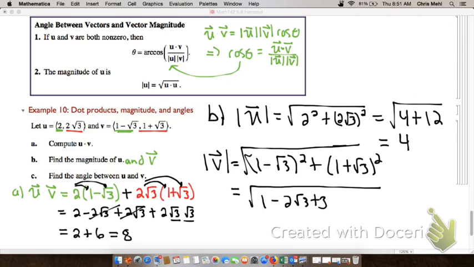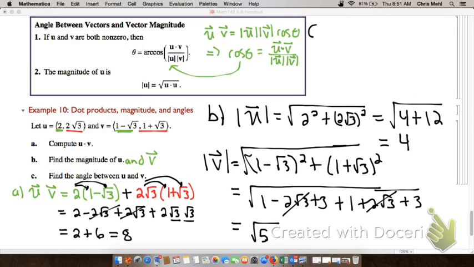And then if you square the 1 plus root 3, you'll get plus 1 plus 2 root 3 plus 3 again. And this will equal, well, the minus 2 root 3 and the 2 root 3 cancels. So you're going to end up getting 1 plus 1 plus 3, which is the square root of 5. Okay.